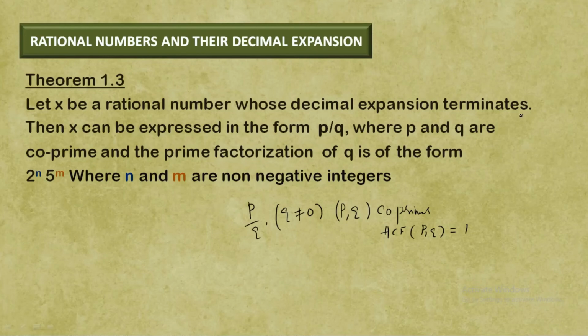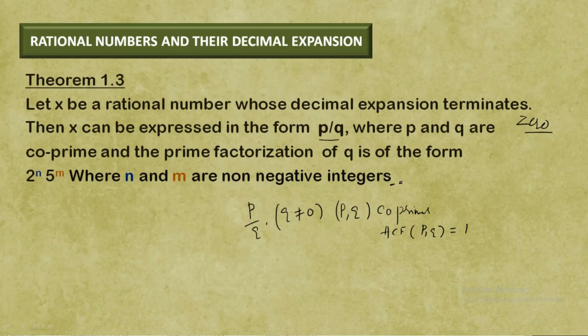Terminates means the remainder becomes 0. Then x can be expressed in the form of p by q, where p and q are co-primes, and the prime factorization of q is in the form of 2 power n into 5 power m, where n and m are non-negative integers.